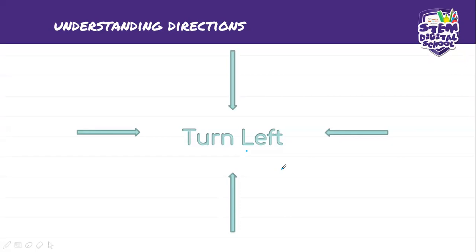Now each one of these, if I say turn left, will be in a different direction. It won't just be to the left-hand side of the screen. It will be to the left of the direction you are moving in.